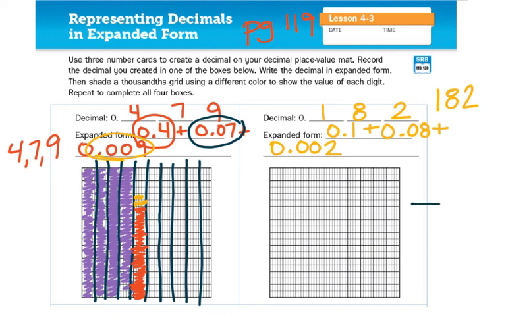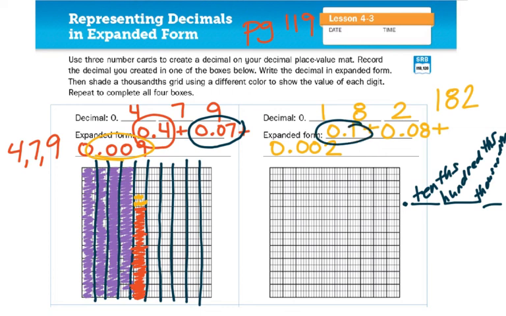Again, remember, after the decimal point, we have tenths, then we have hundredths, then we have the thousandths. Sorry, I never have enough room to write.